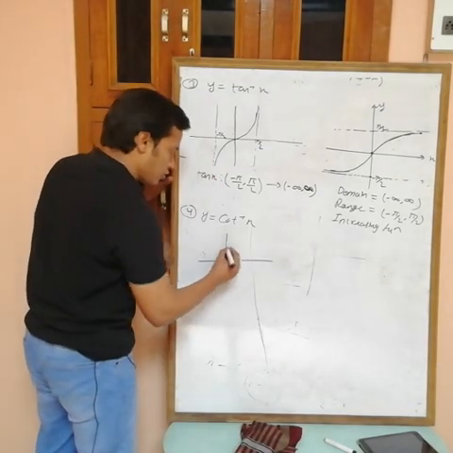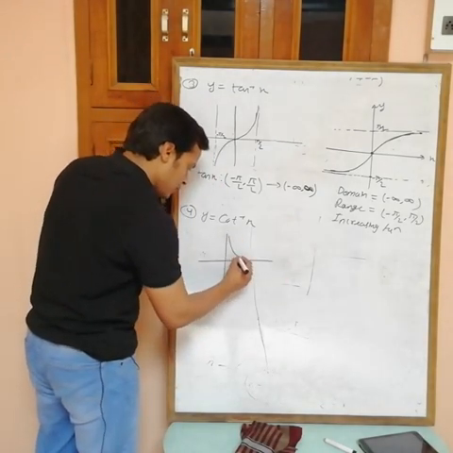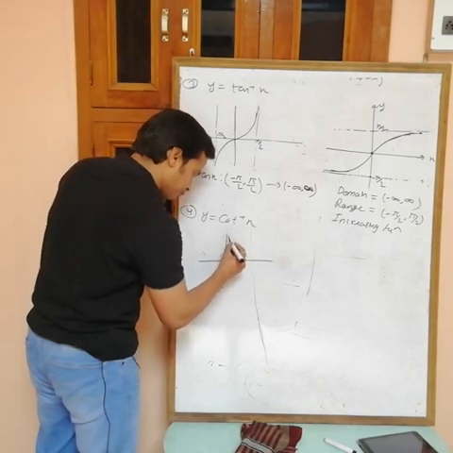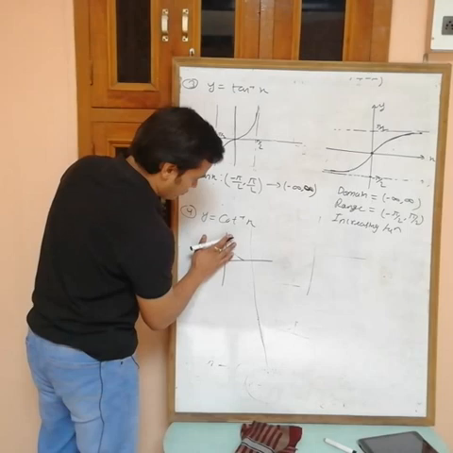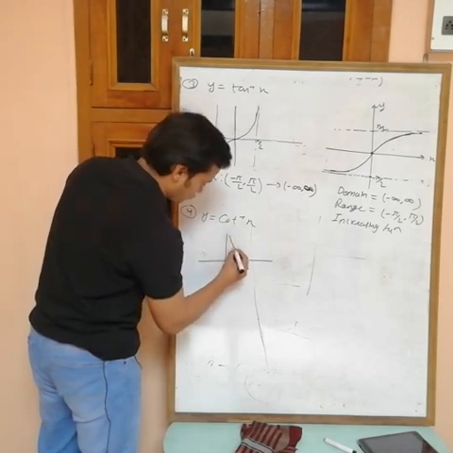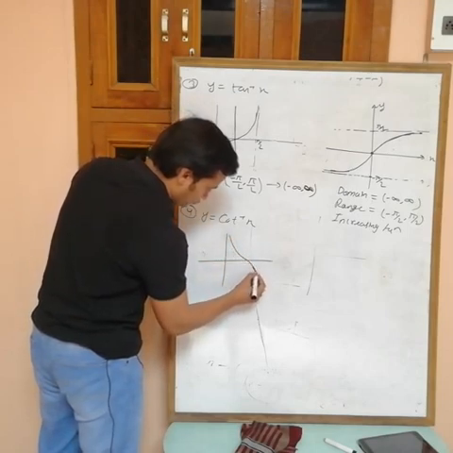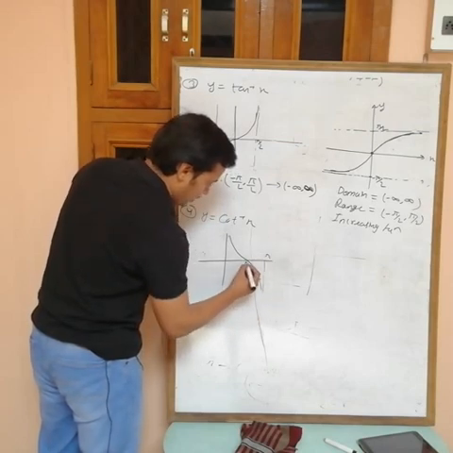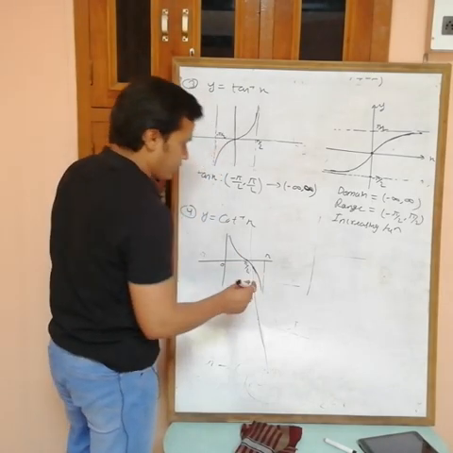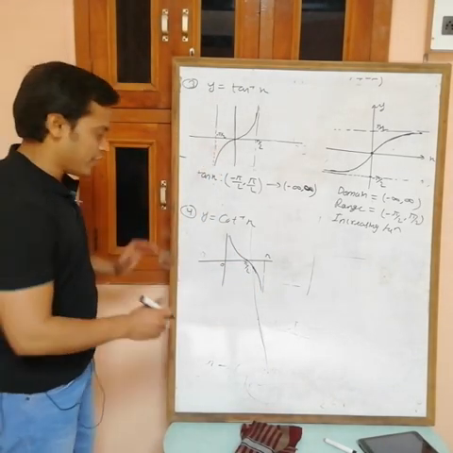So the graph of cot inverse from 0 to pi is like this. This one is pi, this one is pi by 2 and this one is 0. The graph is like this for 0 to pi.